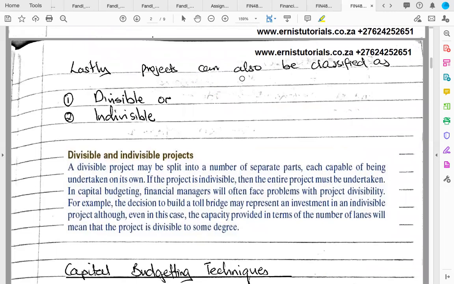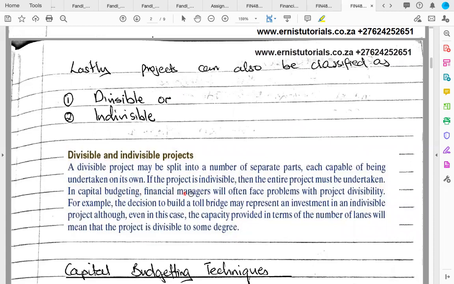Lastly, you should also be able to distinguish between what we call divisible projects and indivisible projects. Divisible projects means that a project can be split into a number of parts which are capable of being undertaken on their own. If the project is indivisible, then the entire project must be undertaken.